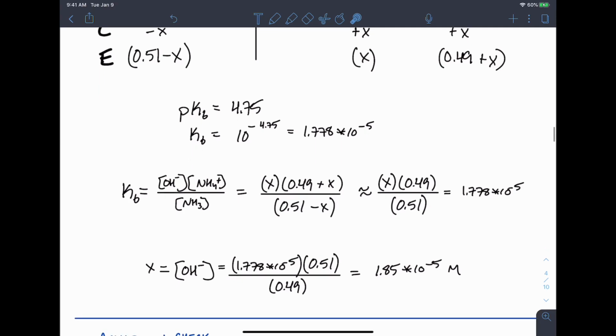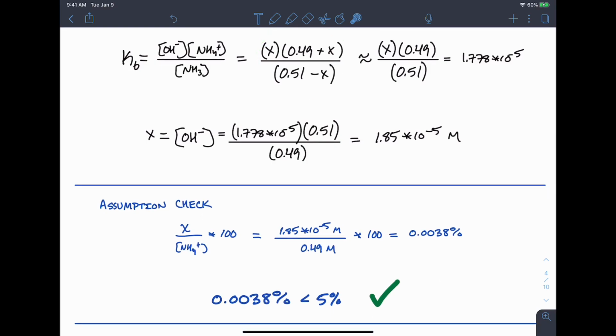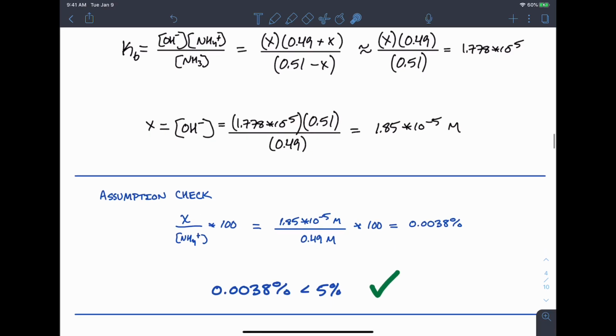And since we did make an assumption here saying that the plus and minus x's were negligible, what we want to do is just real quickly run through an assumption check to make sure that that's valid. Basically, in order for the plus and minus x assumption to be valid, your change in concentration has to be less than 5%. So what we want to do is put our calculated value of x over the smaller of the two concentrations.